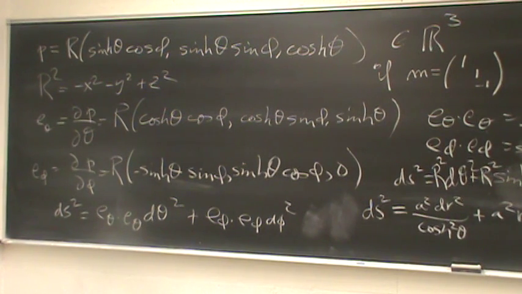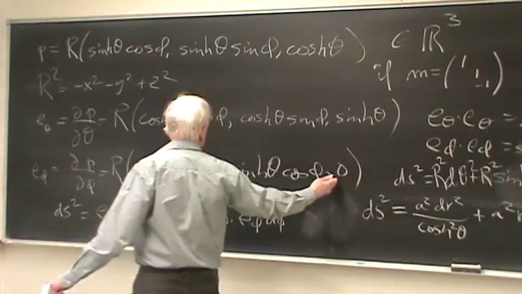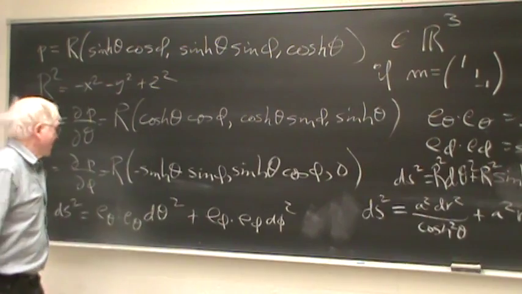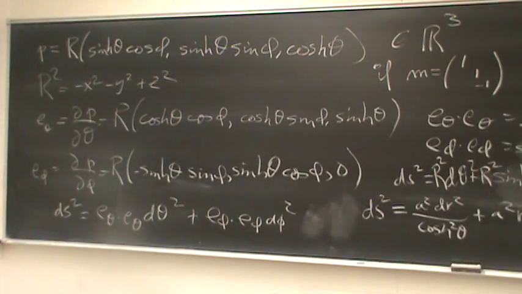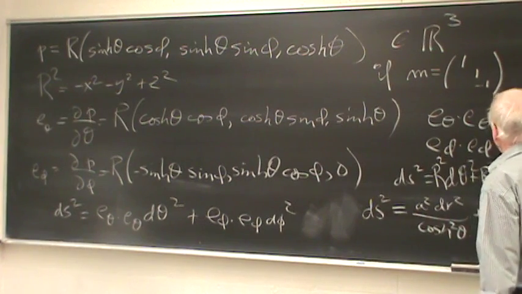And E phi dot E phi is the same because E phi doesn't have any Z component. And so this is the same thing, sinh squared theta, and I left out an R squared.